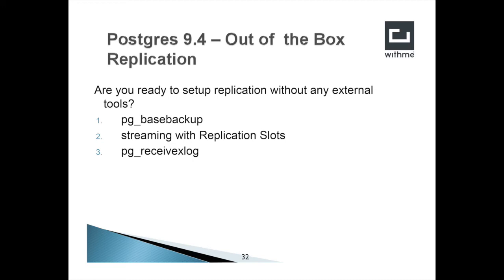Because once you fail over, you cannot fail back in 9.4. But in 9.5 there is a new feature coming in, pg_rewind or something, that lets you do a switchover, not a failover, but a switchover like Oracle.